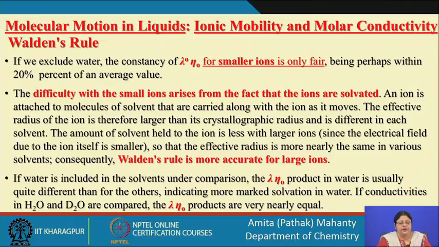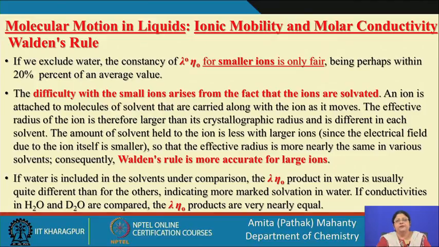What happens if you have small ions? The small ions will have a higher charge density sitting on them. If they have larger charge density, as they move through the solution under the influence of an electric field, then because of their higher charge density, they tend to carry more solvent molecules along with them when they are passing through the solution.